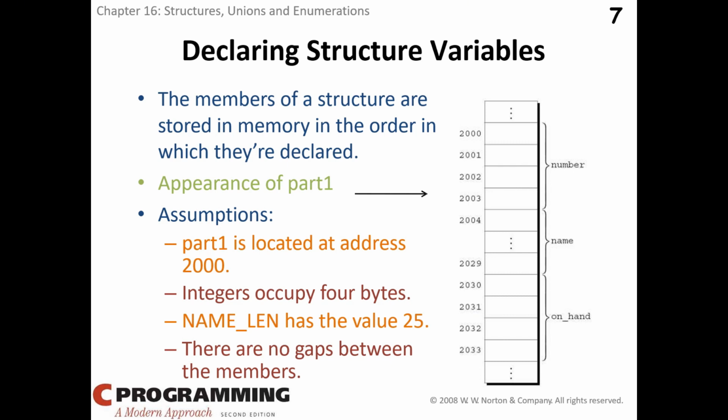Here we can see on the right side of the slide, at memory address 2000, the number member occupies the first 4 bytes. Next the name member is stored, and since name is an array of characters with a length of NAME_LEN plus 1, it occupies a contiguous block of memory starting from address 2004 and continuing for 26 bytes.